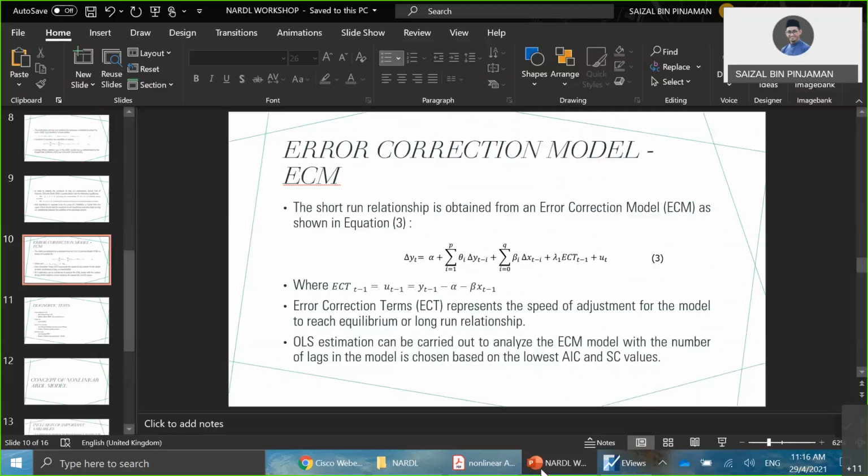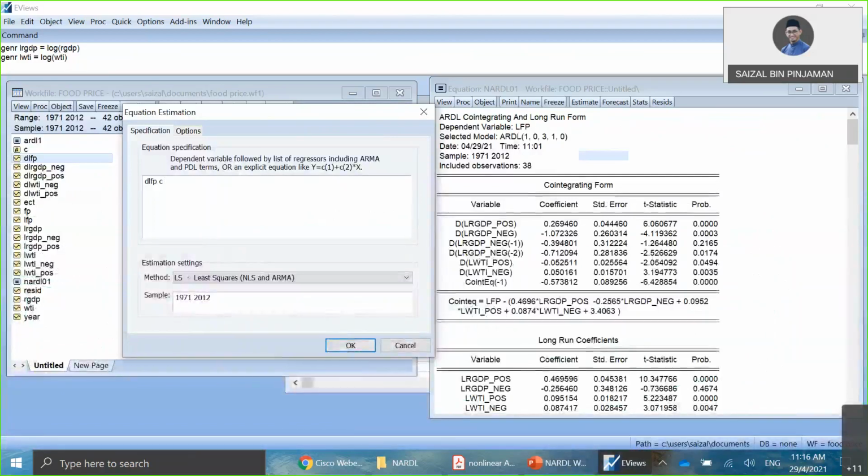we include a constant term, and then we include the DLRGDP positive. And then we have DLRGDP negative. Remember, if you can see here, they are the same as the equation that we have in the co-integrating form. And then after that, for GDP, it is negative at present until -2.